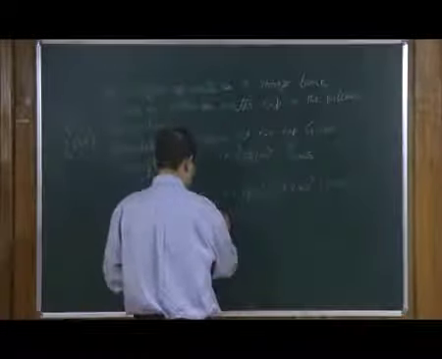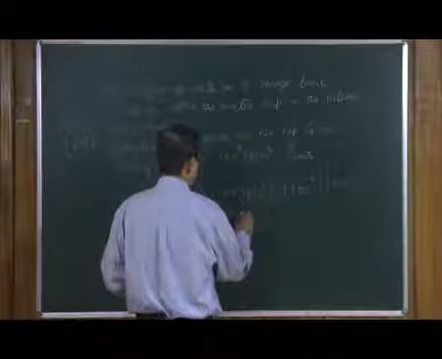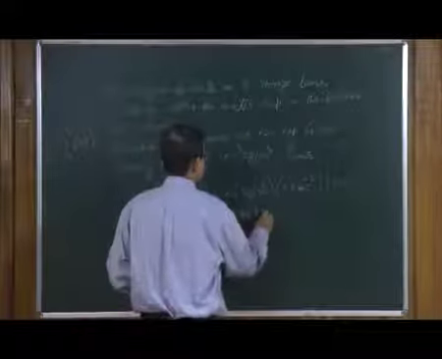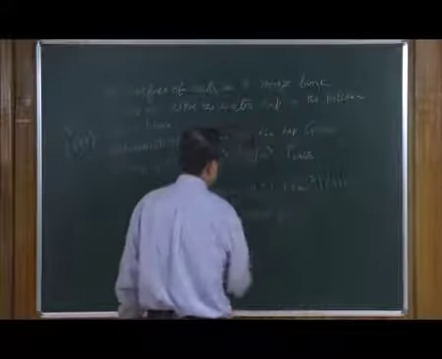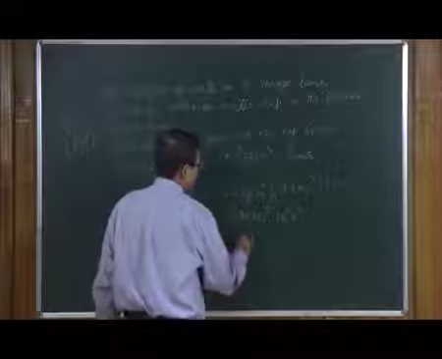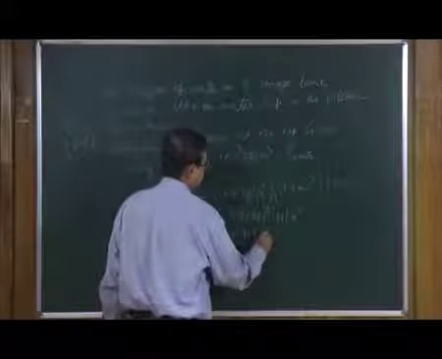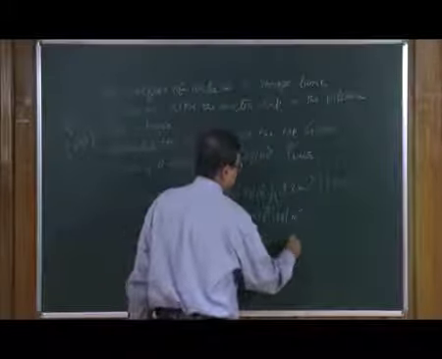So, if you do this, it becomes 1.96 into 10 to the power 5 Newton per meter square, which is also called 1.96 into 10 to the power 5 pascals.